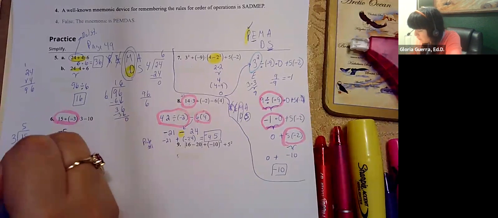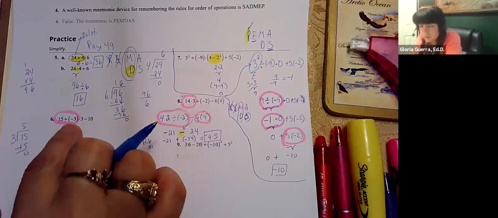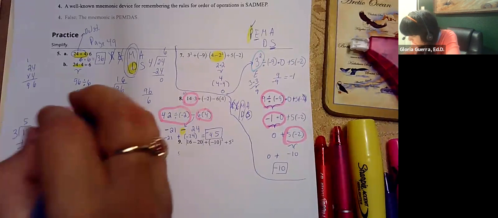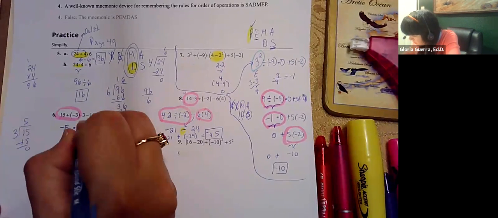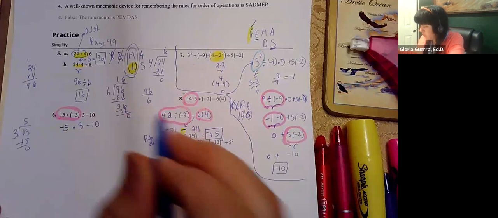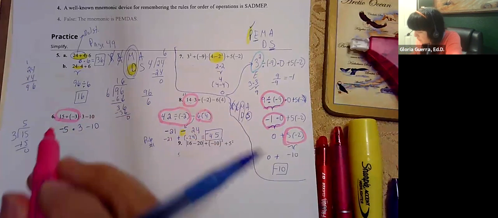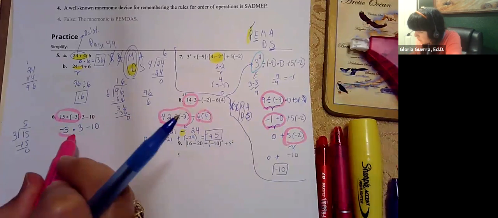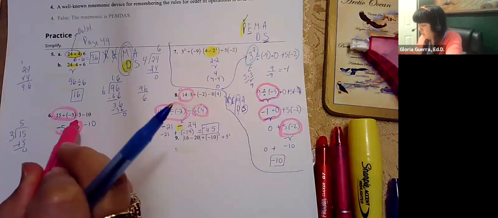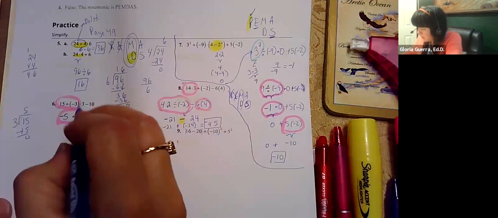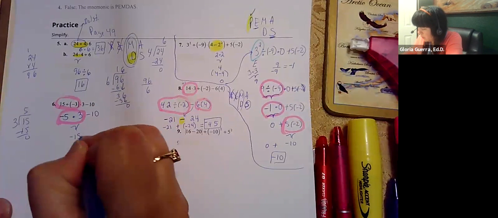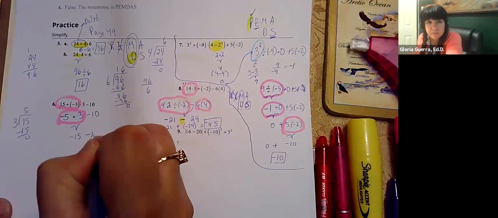But it's going to be negative. Different signs produce negative results. And then you have -5 times 3 minus 10. So we're still doing the multiply and dividing from left to right. So now you're doing this. -5 times 3 is -15. And then you have minus 10.